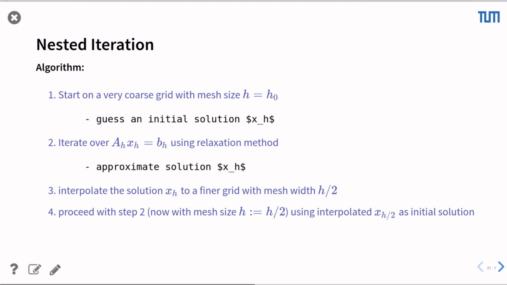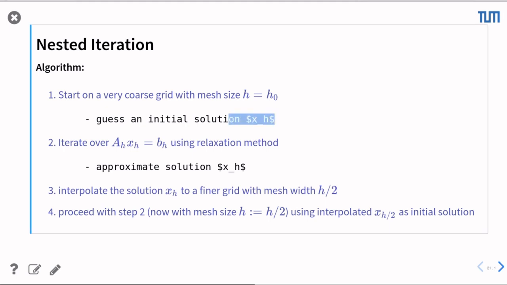Okay, so we start on a very coarse grid. I don't know why it's not rendering my LaTeX here, but okay. We start on a very coarse grid with a mesh size of, let's just call it H0. We guess some initial solution, so again we can just put zeros as we have before.